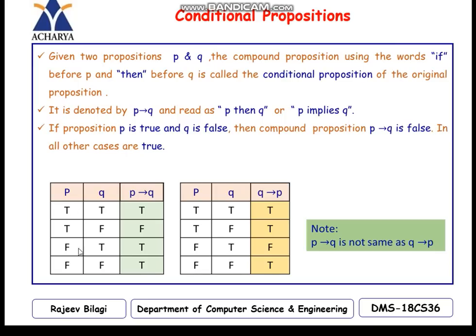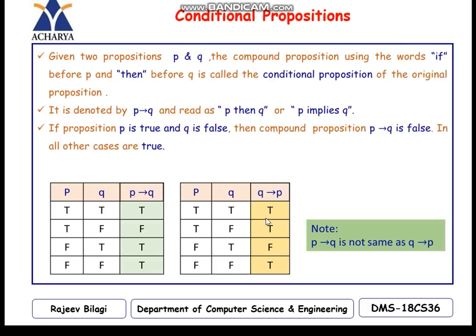If you look at the first table, P, Q where T, T, T, F, F, T, F, F. So for the first one, P then Q, I am writing T, and this is F, then the value will be F. In all other cases it will be true. So now if you look at P then Q, I got T, F, T, T.